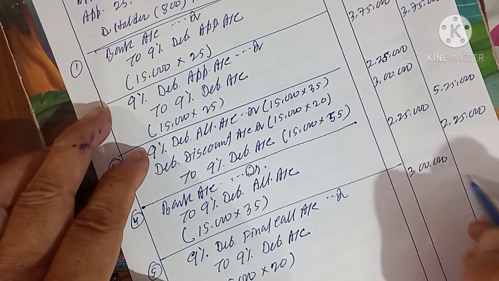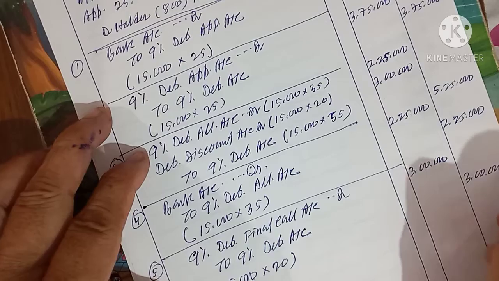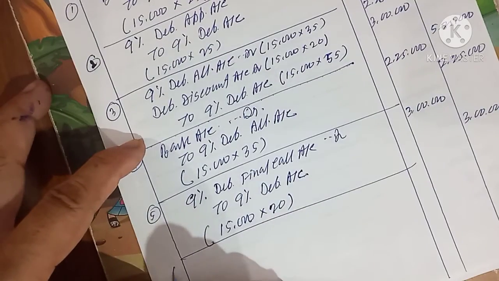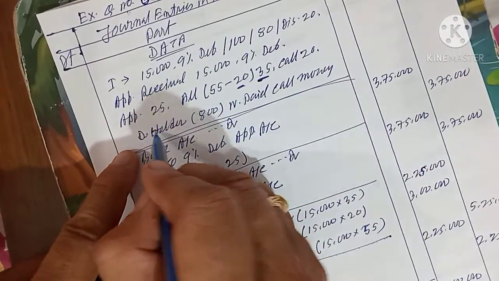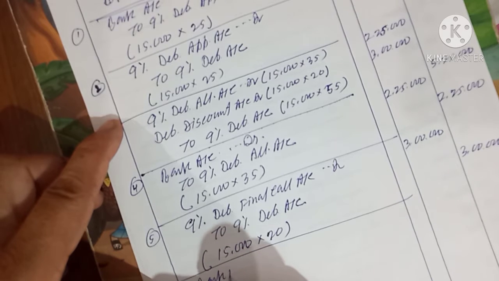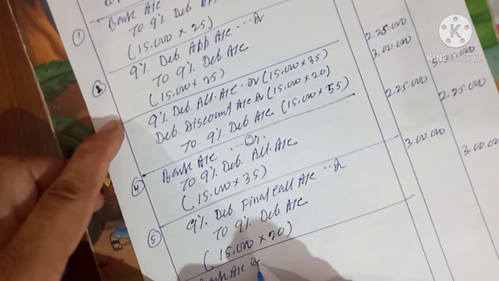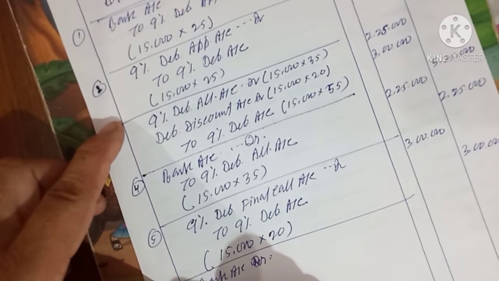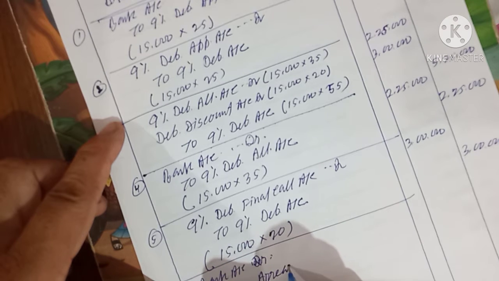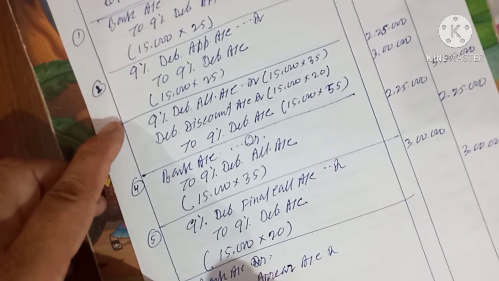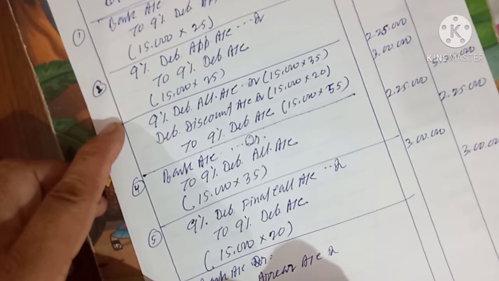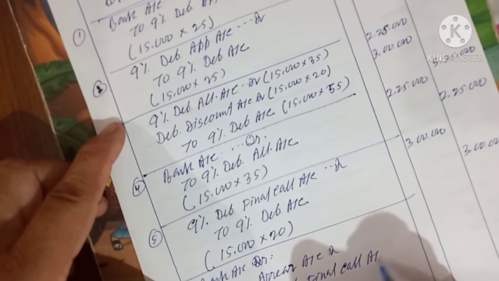But one thing you will keep in mind, whenever you pass the next entry, the receiving entry, at that time one debenture holder who was having 800 debentures could not pay the last call. So you got bank account debit, calls in arrear account debit to 9% debenture final call account.